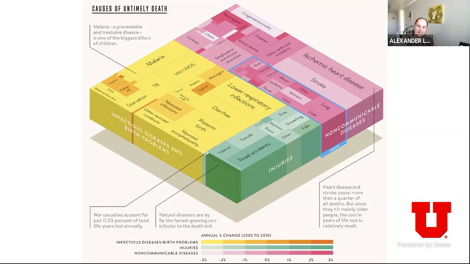So in a case like this, where you have multiple data dimensions at the same time, if you analyze marks and channels, you also want to say this numerical dimension is encoded by size. The categorical dimension is encoded by color, for example. So you want to be explicit about this association.